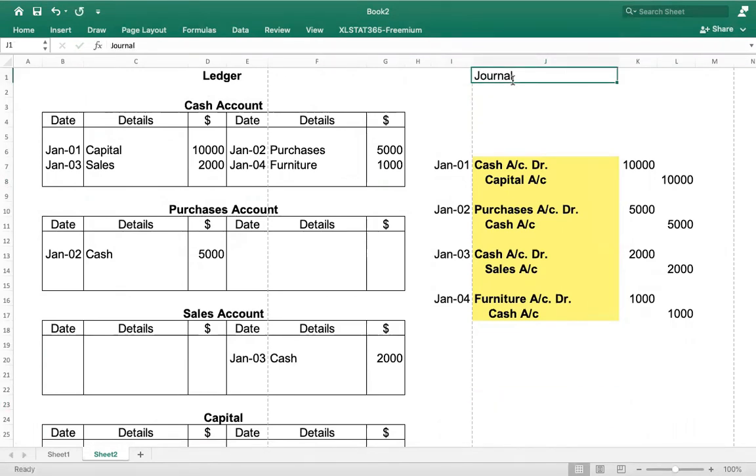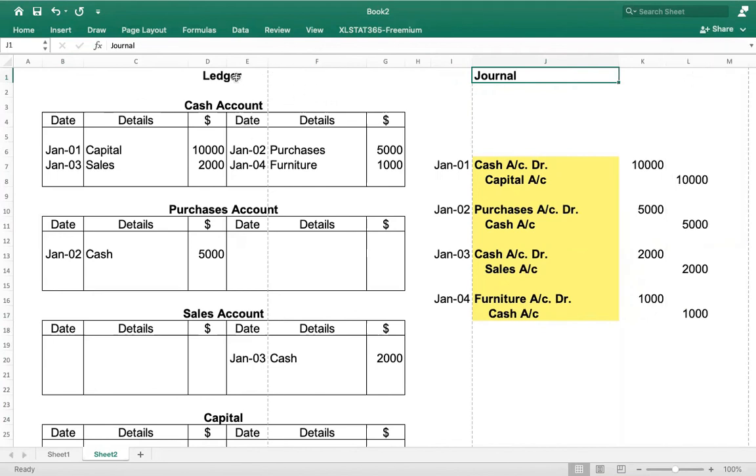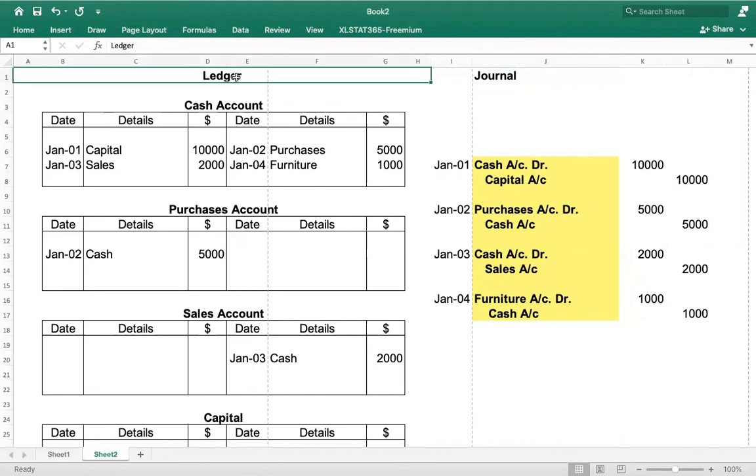We'll practice, you don't need to worry. We'll practice enough, so everything will be at your fingertips. You will be mastering accounting. I hope ledger posting is easy. Yes, it's easy.